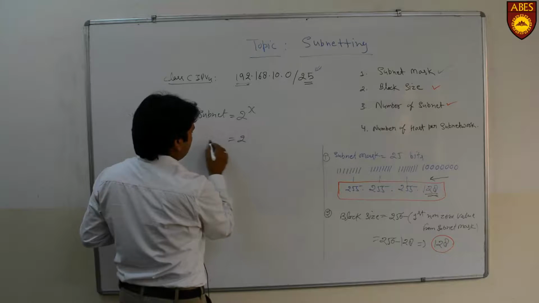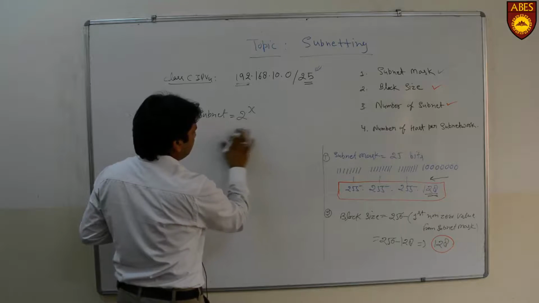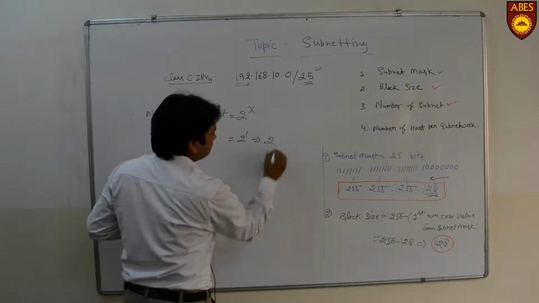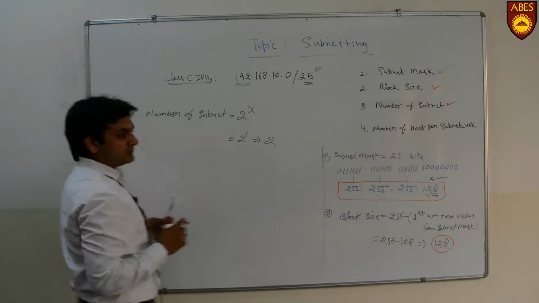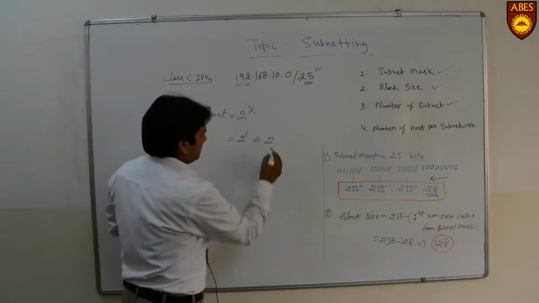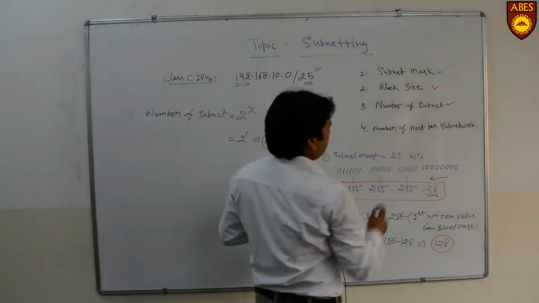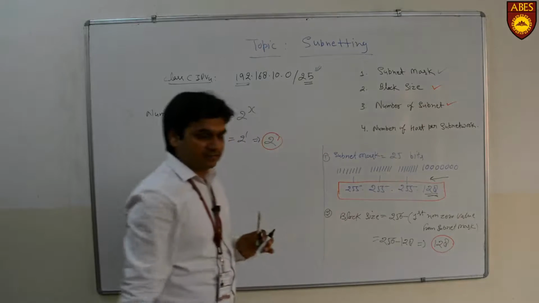So for x equals 1, we have 2 to the power 1, that is 2. So we have 2 subnetworks. 2 subnetworks, that is the answer to number 3, the number of subnetworks.